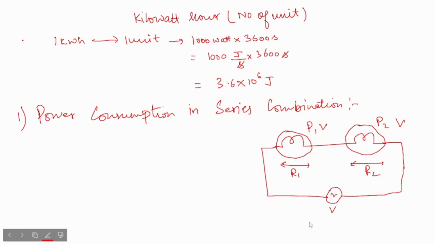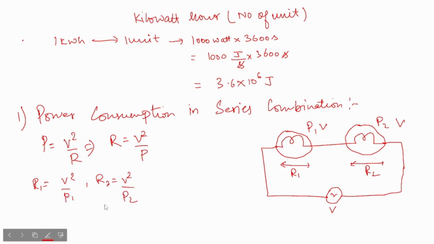Now, from here you can write P is equal to V square by R. From here you can write R equal to V square by P. So you can find R1: R1 will be V square by P1 and R2 will be V square by P2. Right. And you modify the circuit, it will be somewhat like this. This is your R1 plus R2.